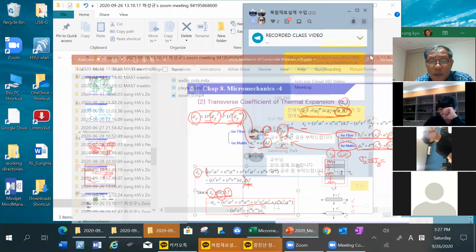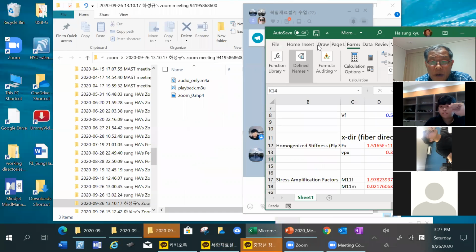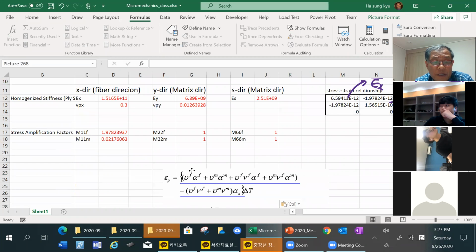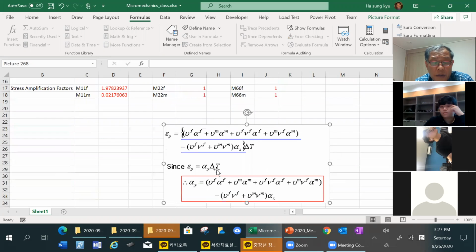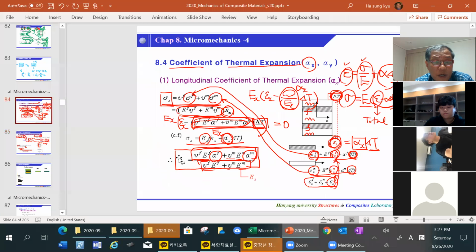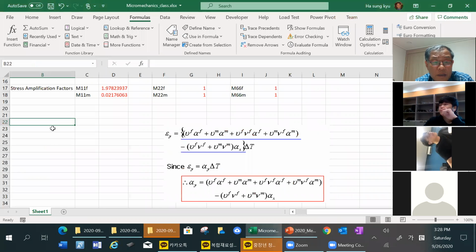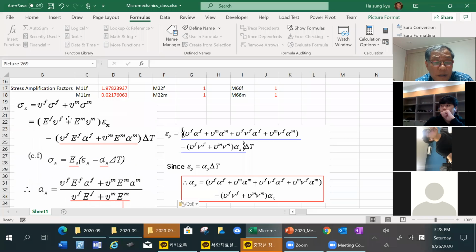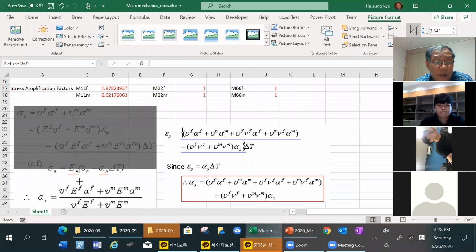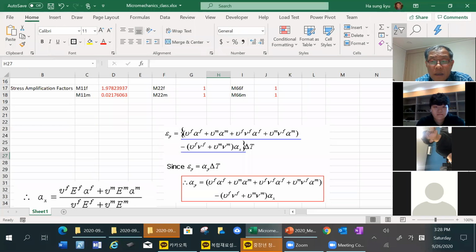I'd like to go back to our Excel file. This is the x-directional and y-directional CTE, and also this one is the x-directional CTE. Simply like that.